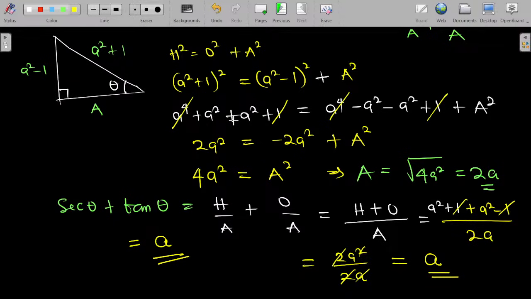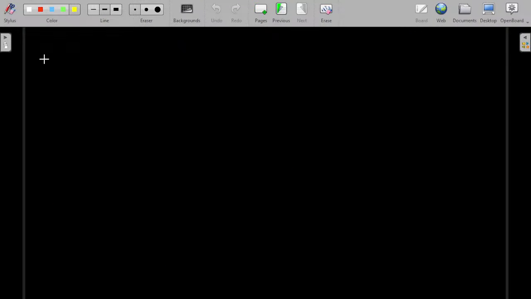And ladies and gentlemen, we are finally on the last exercise of this material. And it says, that's number 15.